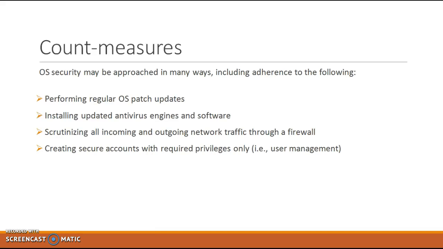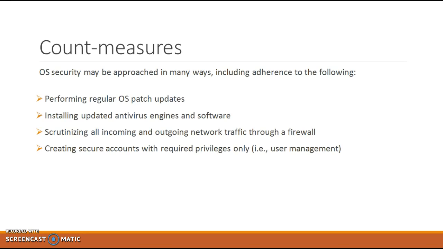What do we mean by countermeasures? Countermeasures of a system may be approached in many ways, including adherence to the following. For example, an information security professional must have regular operating system patches, meaning service pack 1, service pack 2, service pack 3, or some patches or add-ons should be installed regularly to make your operating system secure and safe.